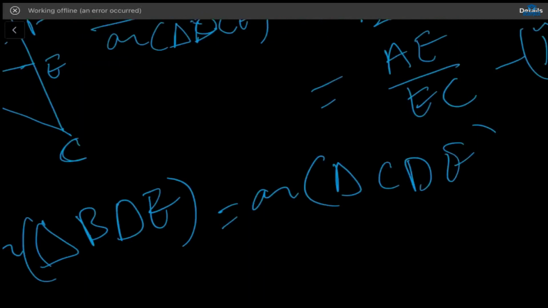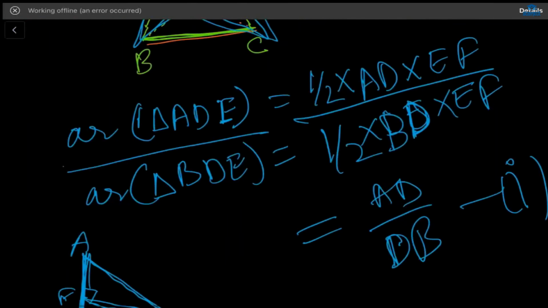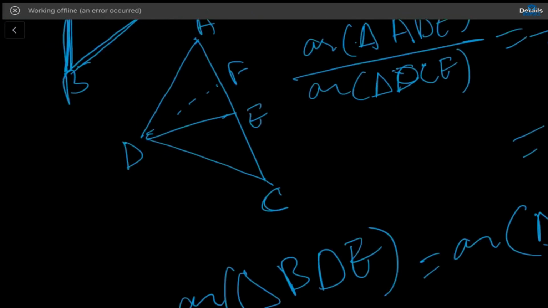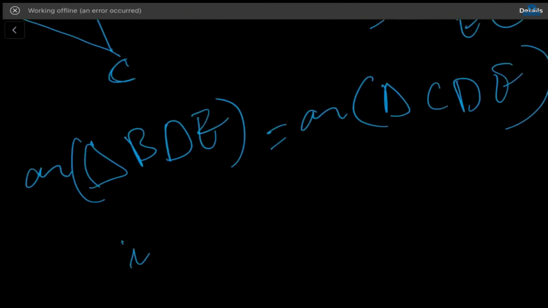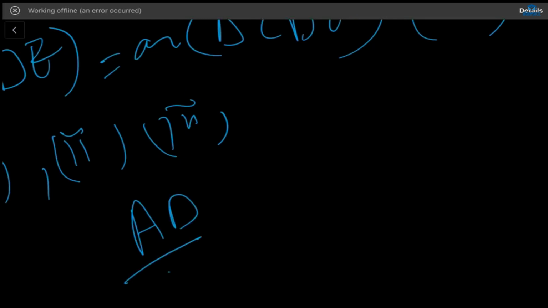Why are they equal? Because the area of a triangle is half base into height. The base is the same, DE, and the height will also be the same because they are drawn between two parallel lines. So since the area is the same, this is equation number 3. If you combine all three equations, you get AD by DB is equal to AE by EC.